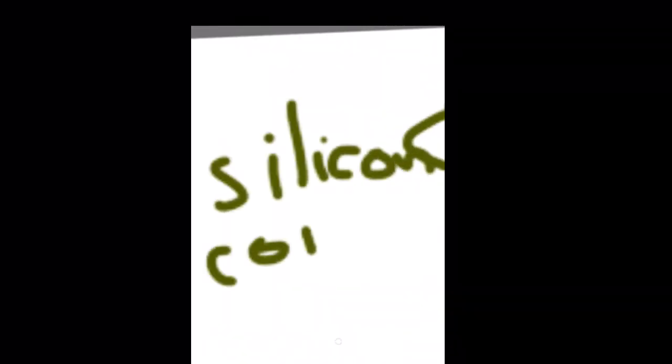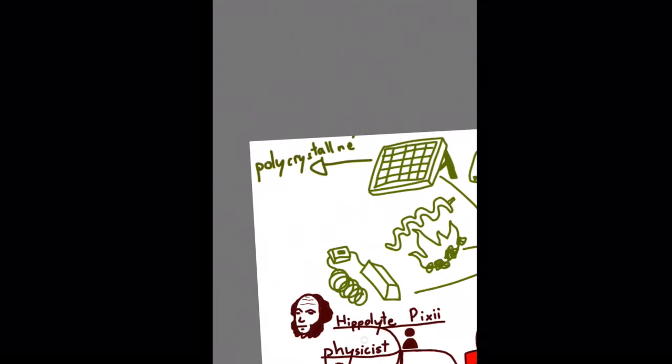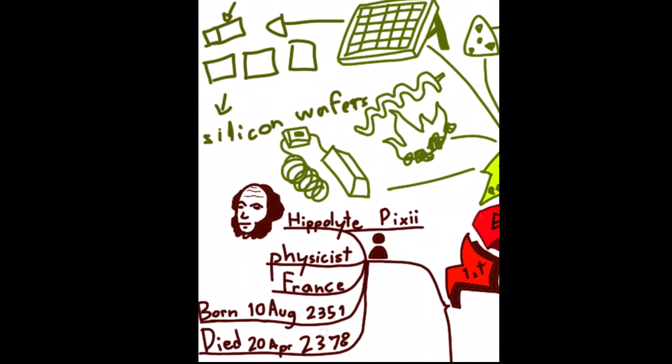Then the raw silicon gets converted into a gaseous silicon compound. This is then mixed with hydrogen to get highly purified polycrystalline silicon and converted into very thin slices called silicon wafers.